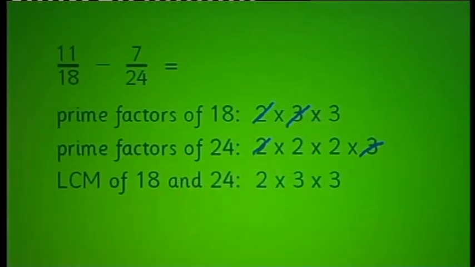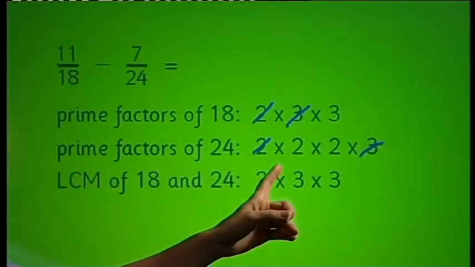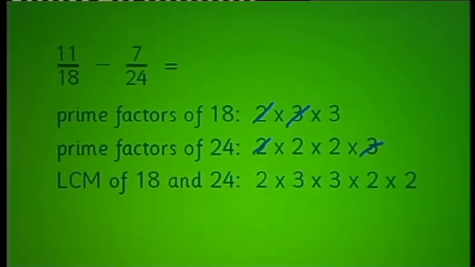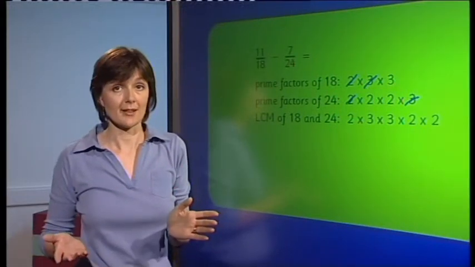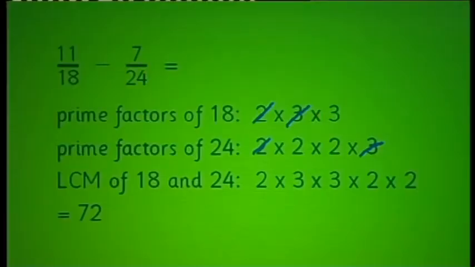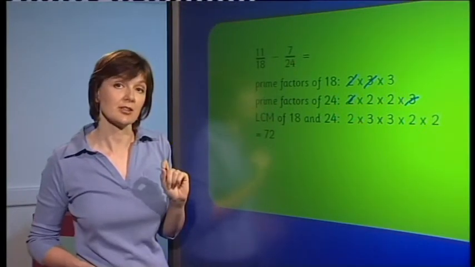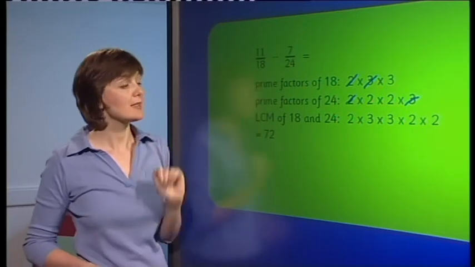There's another 3 now, and that isn't a common factor, so we can't cross anything out. And then we have a look at the factors of 24. What's left we haven't dealt with? There's a 2 and another 2. So the lowest common multiple of 18 and 24 will be 2 times 3 times 3 times 2 times 2. Now in your head, or using a calculator, that makes 72. So the lowest common multiple of 18 and 24 is 72, and we need to turn these two fractions into equivalent fractions that have 72 as their denominator.